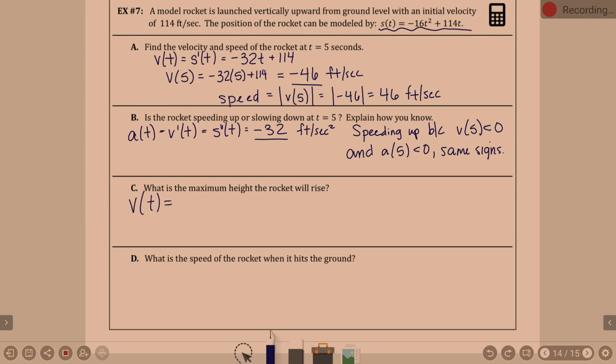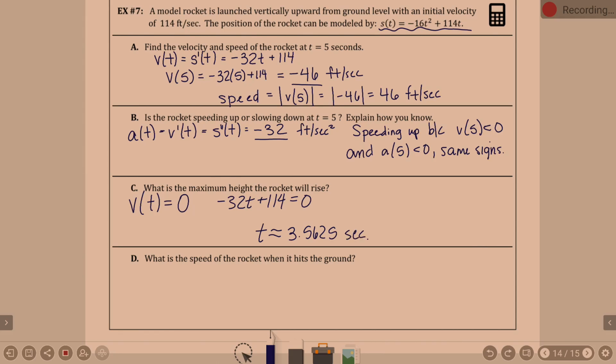The velocity will be 0 at that instant, yes? So we're looking for when the velocity is 0. Do we have a velocity equation? Negative 32t plus 114 equals 0. You can solve that. I'm going to tell you t is 3.5625 seconds according to your calculator.